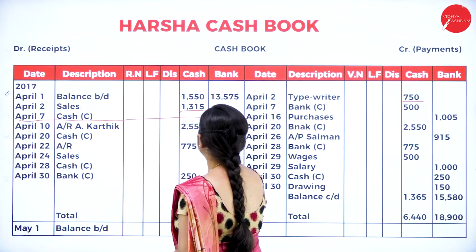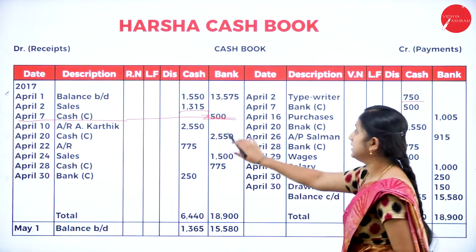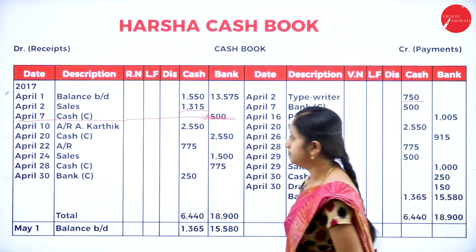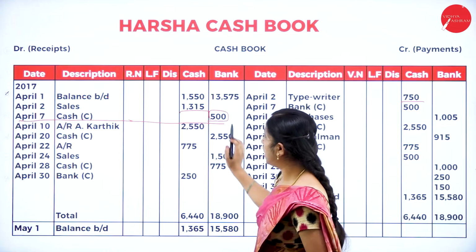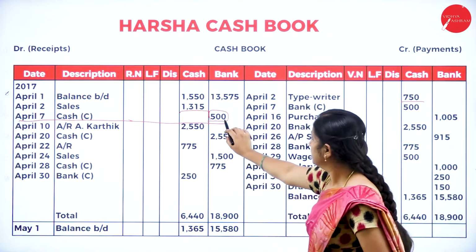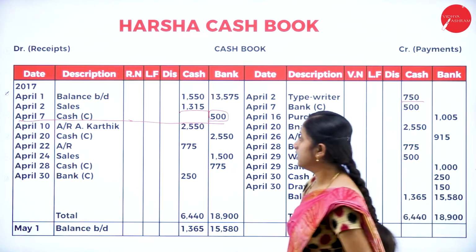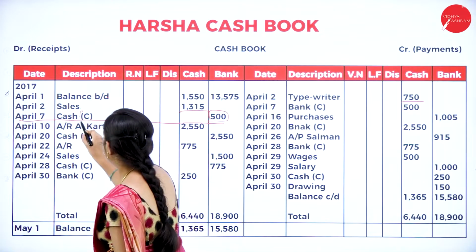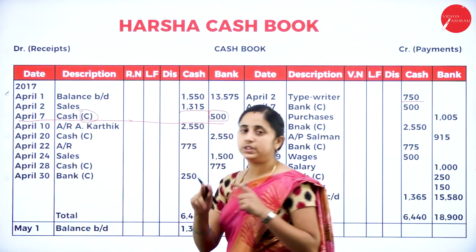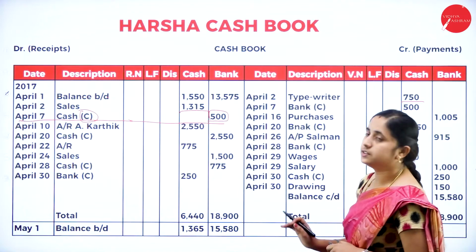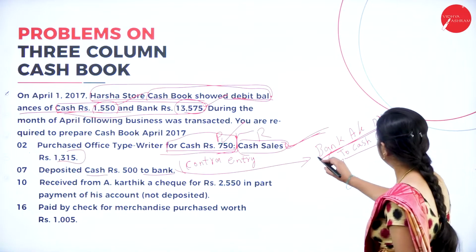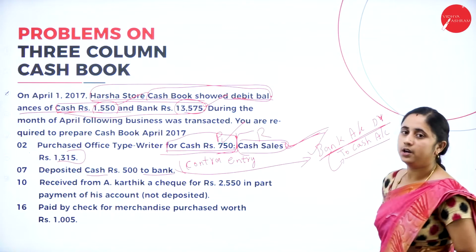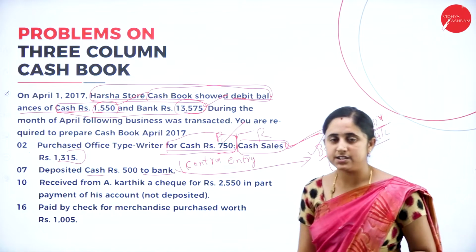You are depositing in the bank, so the amount should be written in the bank column. Here bank is debited, so write in the bank column rupees 500. This is the contra entry, so write C within brackets, meaning this is the contra entry. Now the bank transaction is over.